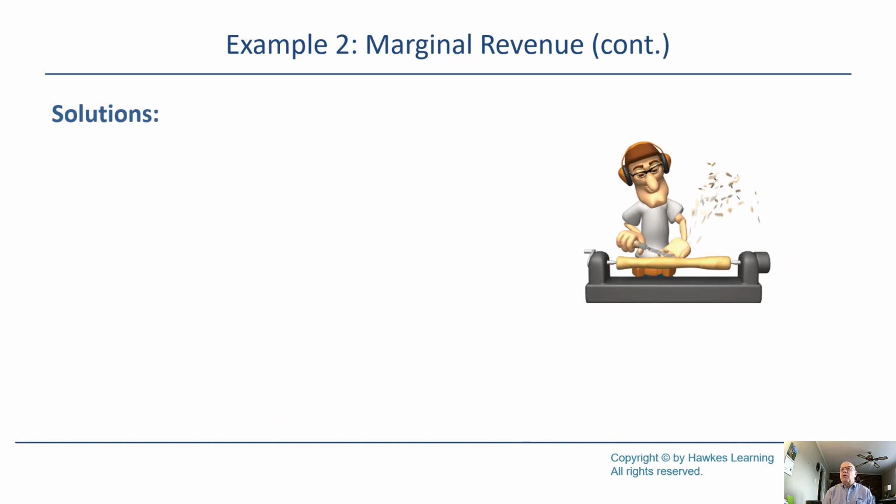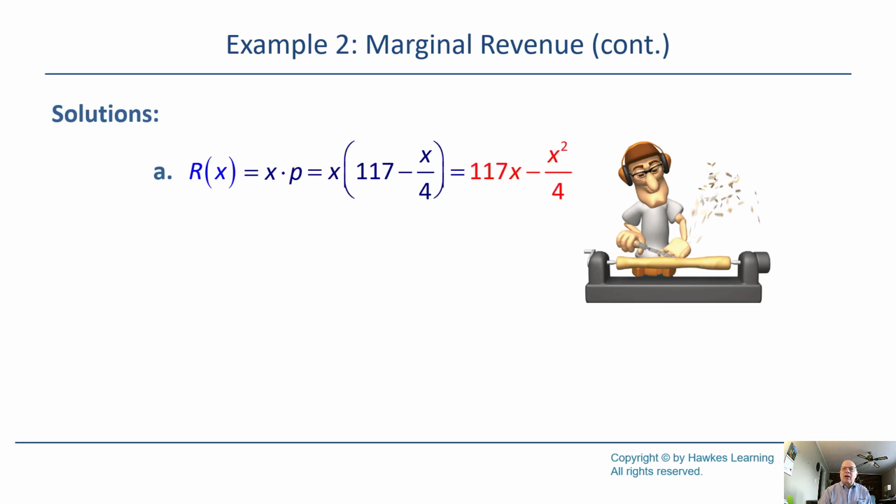There you go. You're making table legs. There's your revenue function. Remember, that's one that I suggested you write down somewhere in your head. Multiply the price function or the demand function by x. Get the revenue function. There it is in a different form. I like the 1/4 myself.